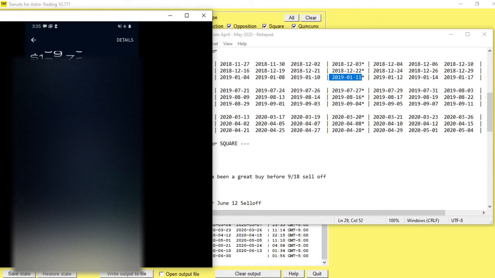That was kind of a sell-off day, but you still would have been in good shape if you'd bought before here. So in two instances we got a buy that looks like a sell. That buy looked like a sell right there. And let's see, September 4th.